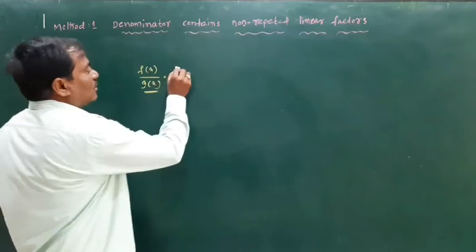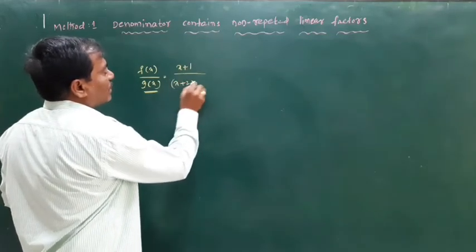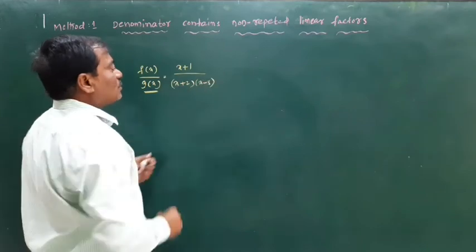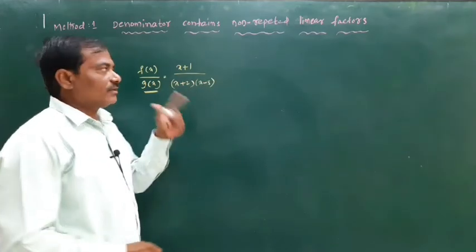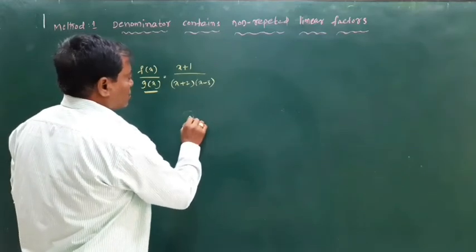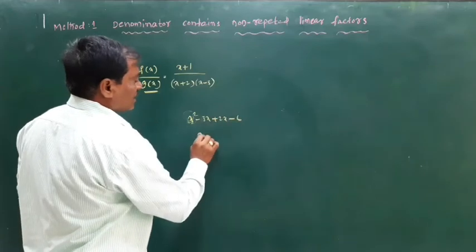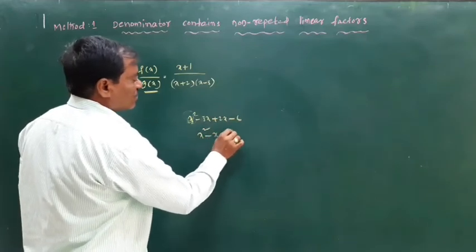We are taking the same example, x plus 1 by (x plus 2)(x minus 3). The denominator becomes x square minus 3x plus 2x minus 6, which means x square minus x minus 6.